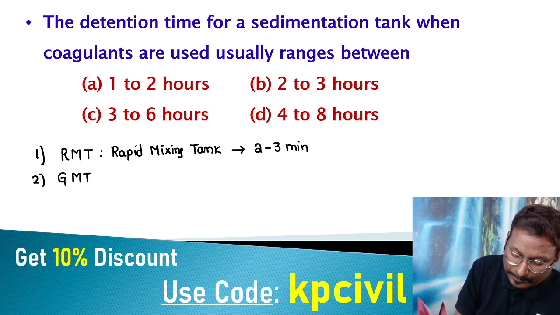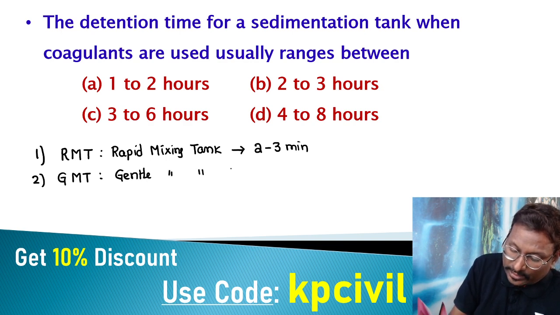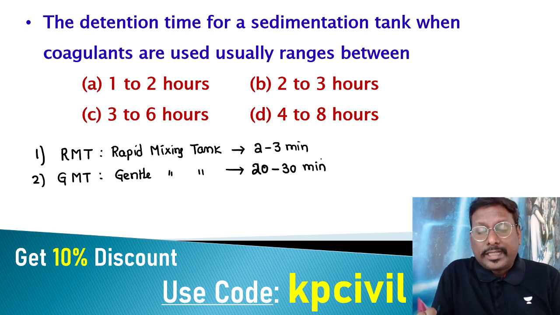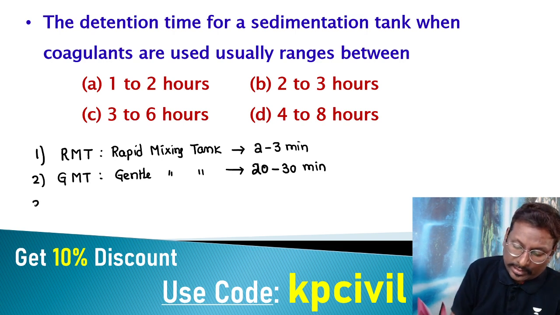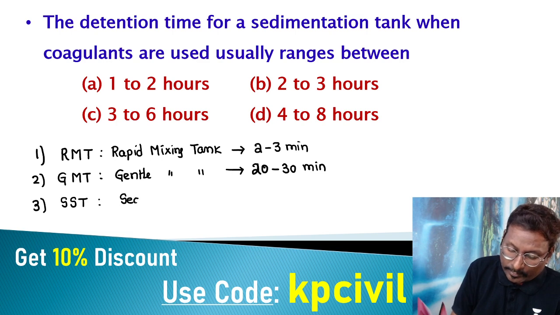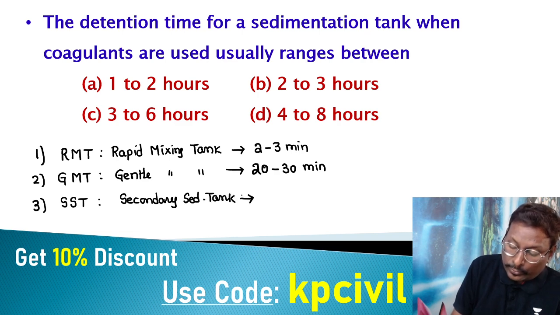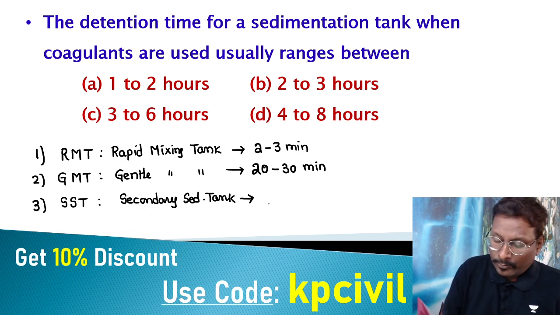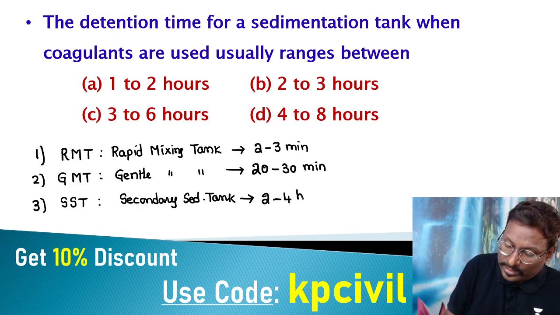Next one, GMT, gentle mixing tank, which is operated 20 to 30 minutes. SST, secondary sedimentation tank, where type 2 settling will occur. The floc which is formed during flocculation will settle down, which takes around 2 to 4 hours.